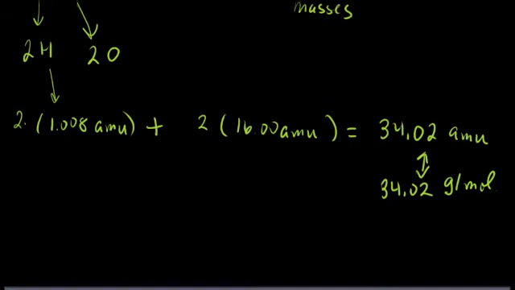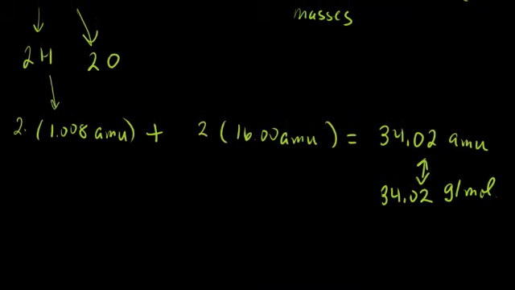However, if we want to talk about a mole of them, it's 34.02 grams. If you have 10 moles, 10 times 34.02 will give you 340.2 grams. Half a mole, half of 34.02, so you're going to have 17.01 grams.